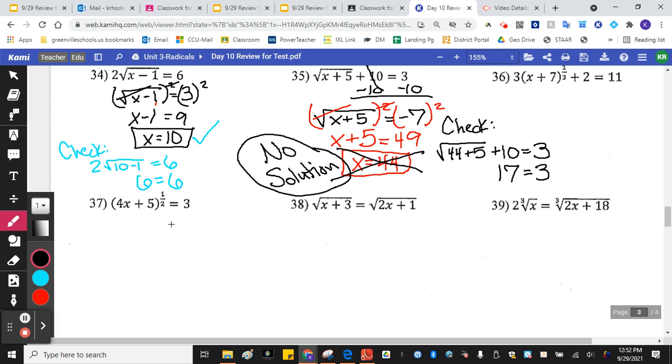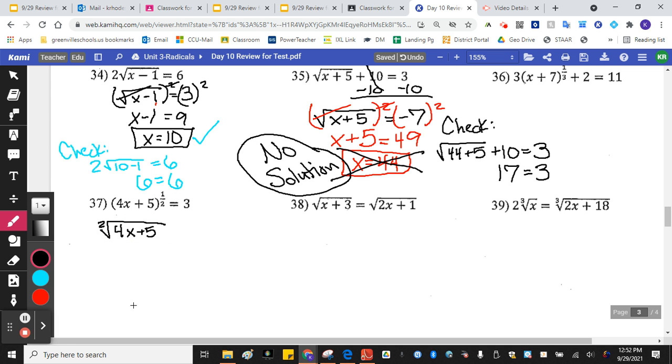Rational exponents. With the equations, just write them as a radical and then do the same steps. So 1/2 as an exponent is just square root. 2 is your index. You don't have to write 2. That's just an assumed square root sign.